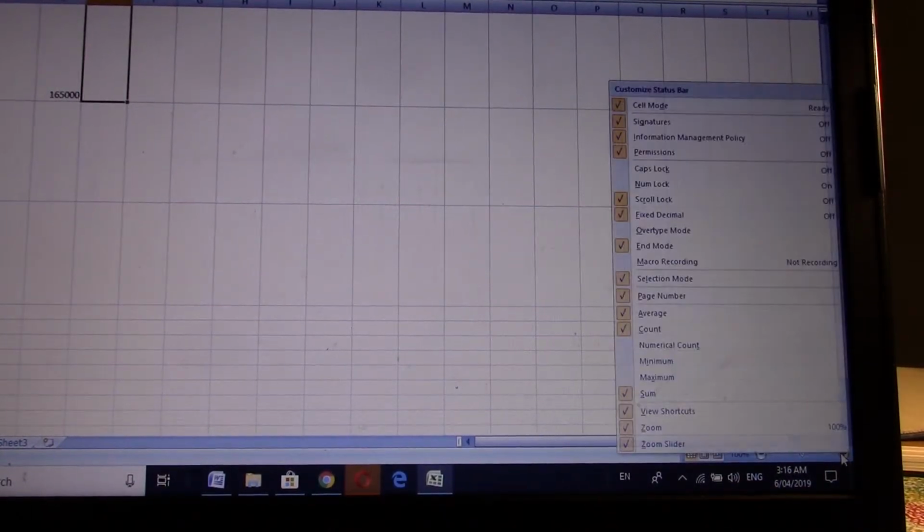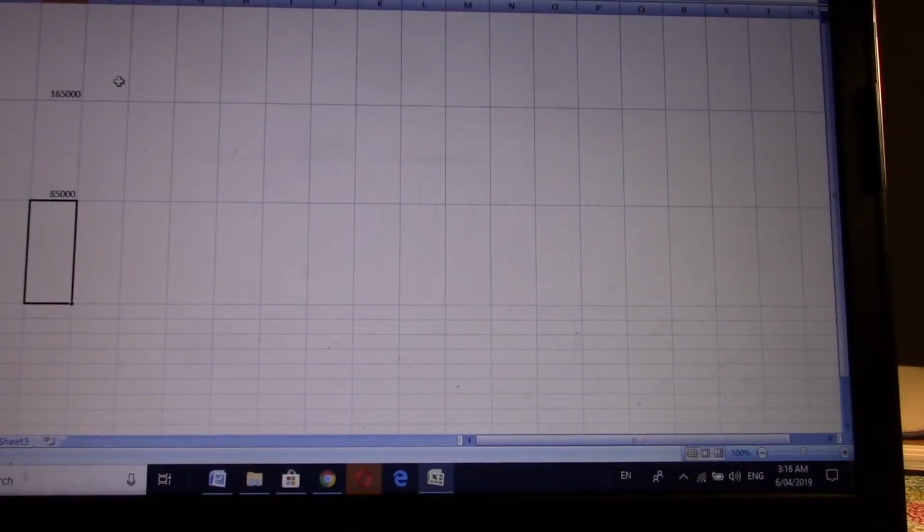So you see we got stocks, 165,000 for stock A, and stock B is 85,000. This is the dollar amount invested for each stock. This is the return for each stock.